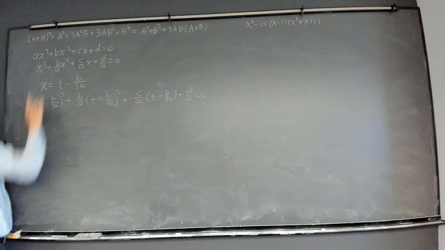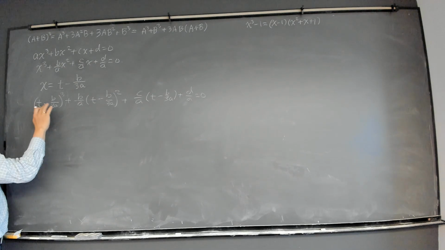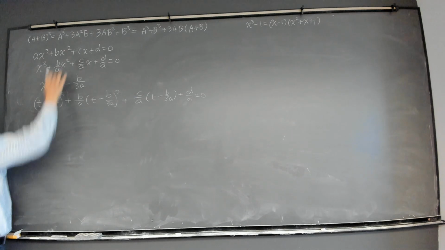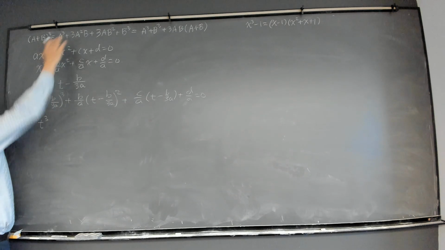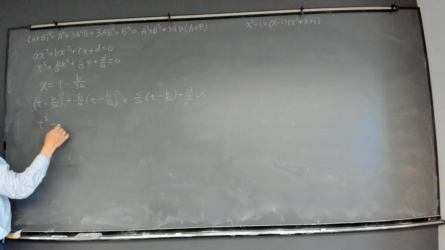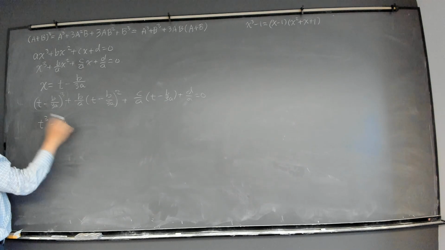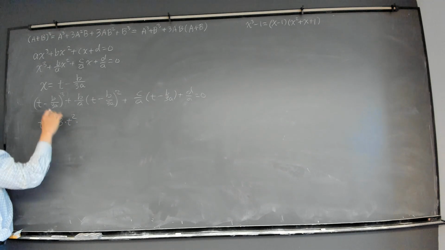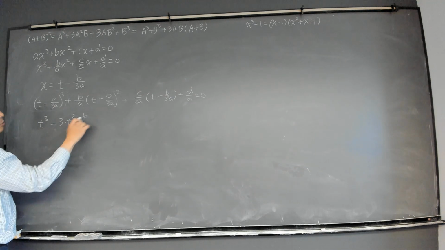you end up with the very first term being t cubed, and the next one is, this is a minus, so this is going to be minus 3 times t squared, but then this will be multiplied by b over 3a.